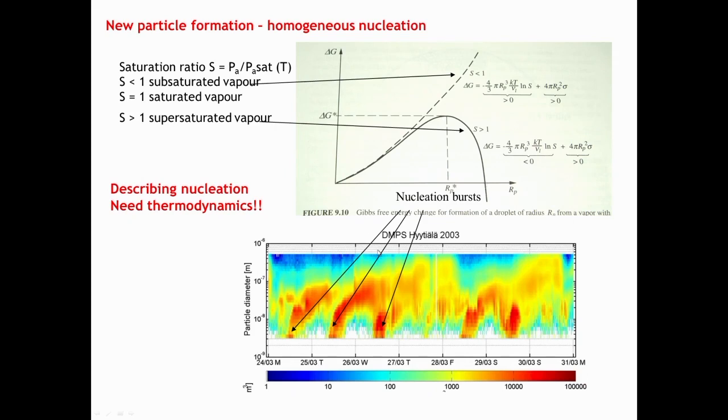And these particles form, and they're detected here at around 3 nanometers. And they start growing because you've got something now that you can condense the gases on. These particles start growing up to the range of 10 nanometers here, up to about 100 nanometers.